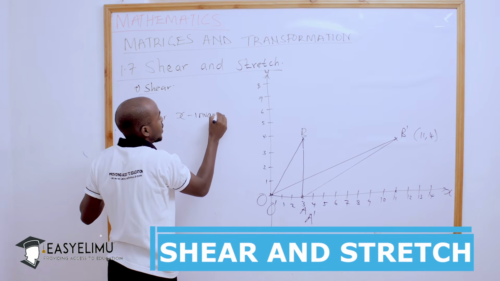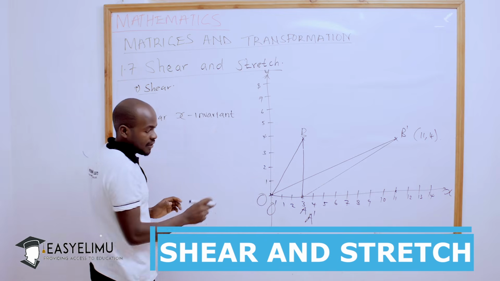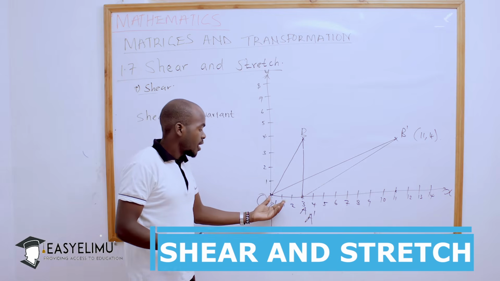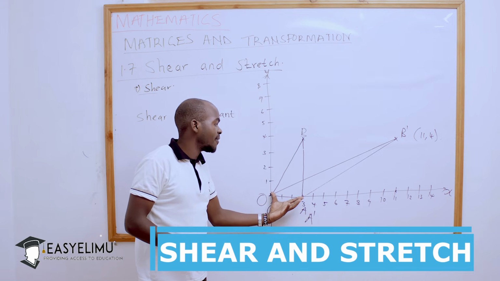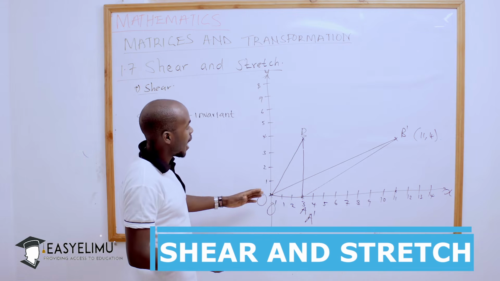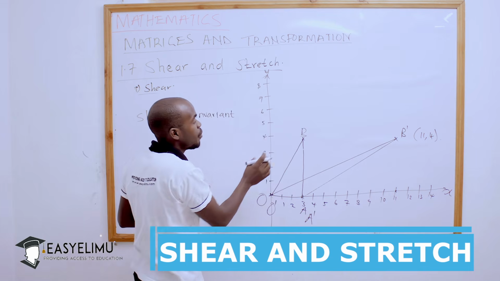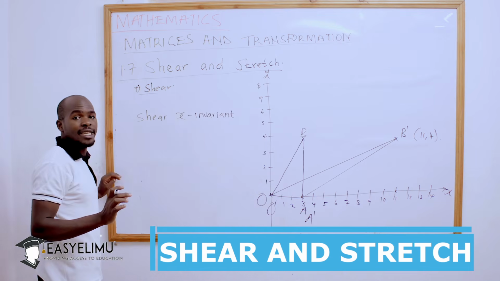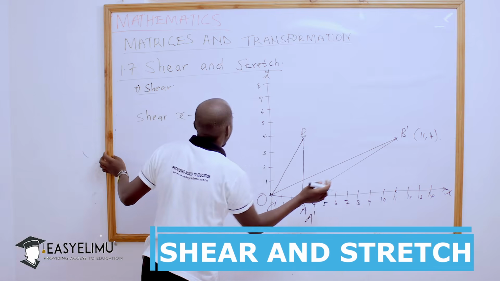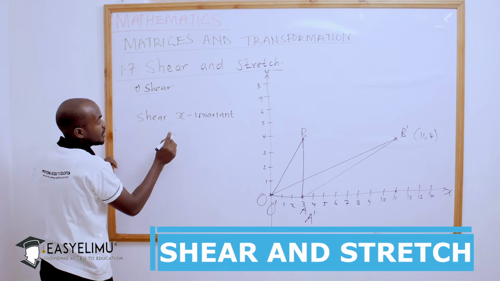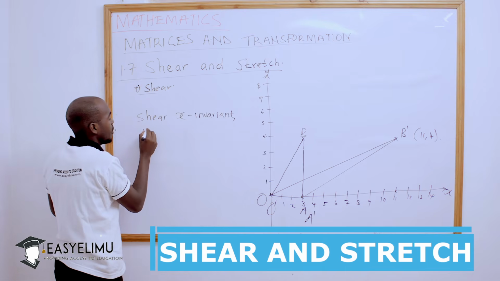The x line was invariant for that instance because we can see the transformation is taking place with the x-axis as the base, so it doesn't vary. X is invariant, and at the same time we have one point which is not on the invariant line but has mapped from B to B prime.